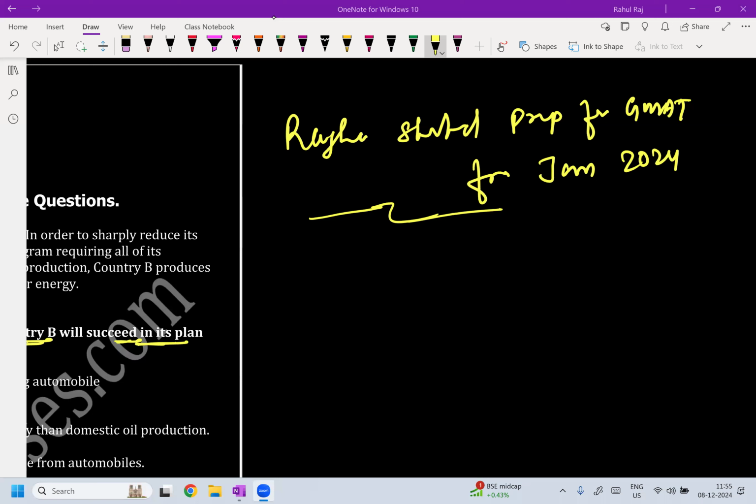Anyone else? Tell. He wants to be ready to write GMAT at the given date. No. Maybe Raghav will give the exam this year. No. Okay.